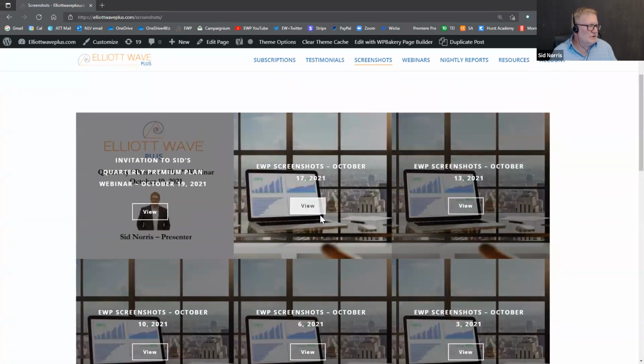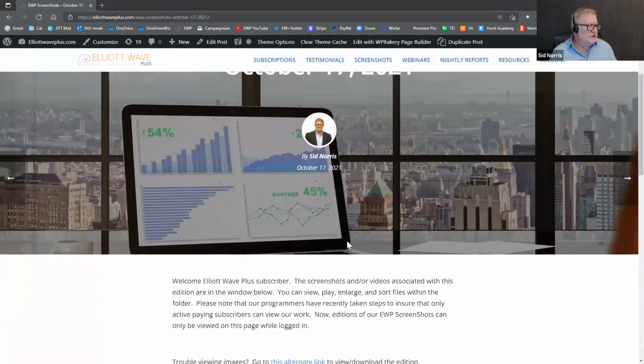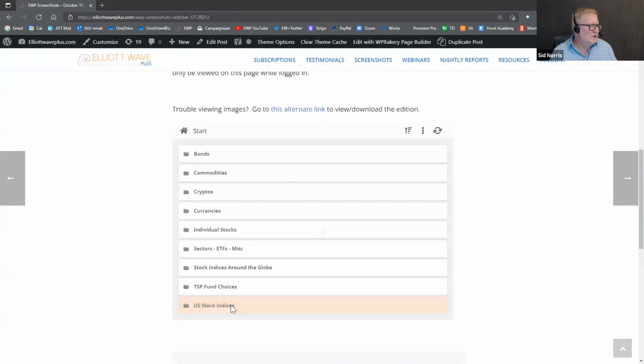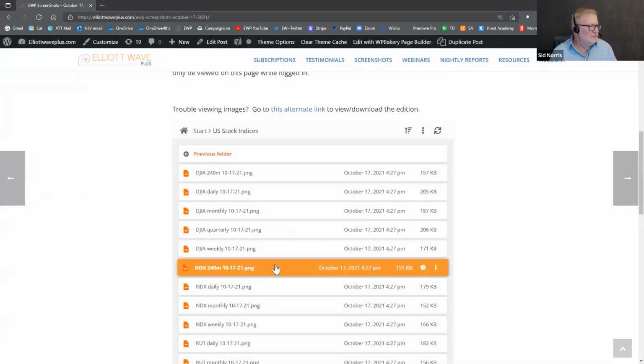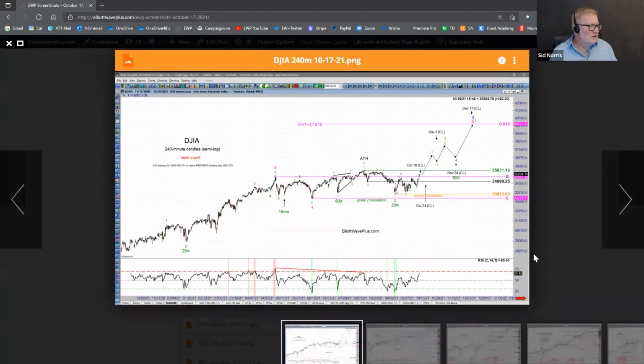If we go under the screenshots tab and view the latest edition, this is the Sunday edition. You want to look at what my wave count is, for instance, on the Dow Jones Industrial Average on a 240-minute chart, you can see it's bullish.